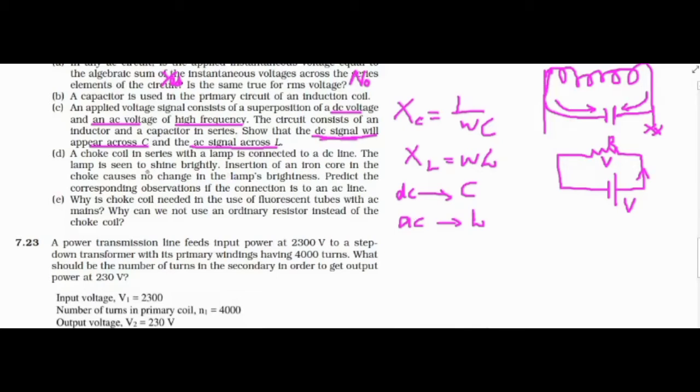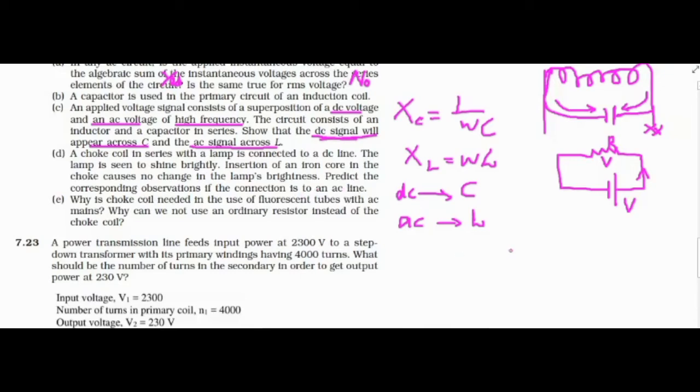Now come to part B. A choke coil in series with a lamp is connected to a DC line. The lamp is seen to shine brightly. Insertion of an iron core in the choke causes no change in the lamp brightness. Predict the corresponding observations if the connection is to an AC line.